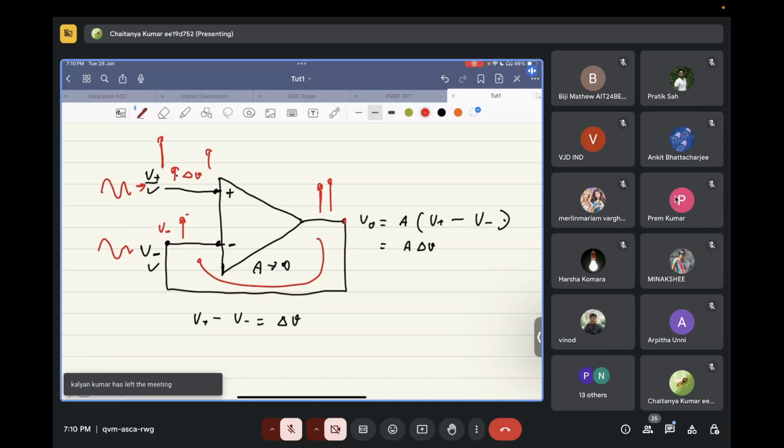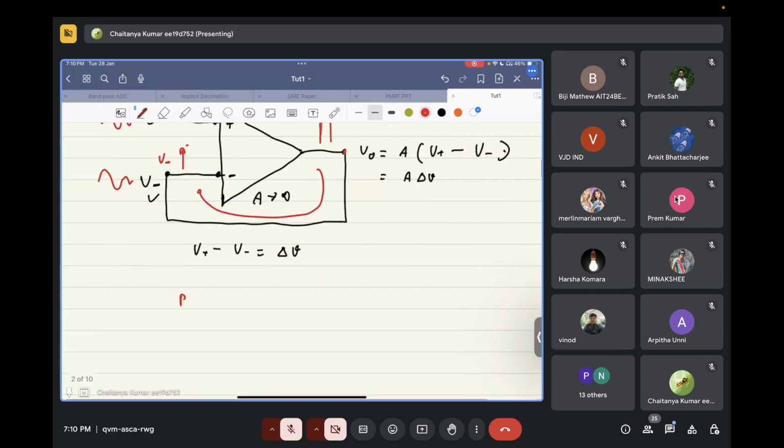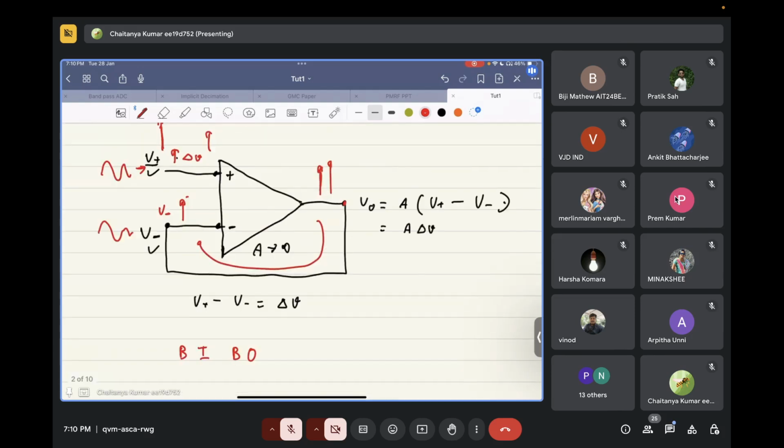Whenever the op amp is in negative feedback, and negative feedback systems are always stable, for a bounded input there will always be a bounded output. Since the gain of the op amp is infinity, the slightest difference between V plus and V minus will result in blowing up of the output.